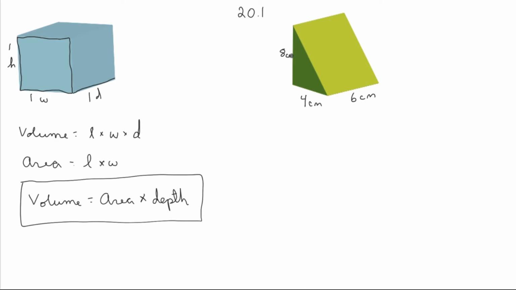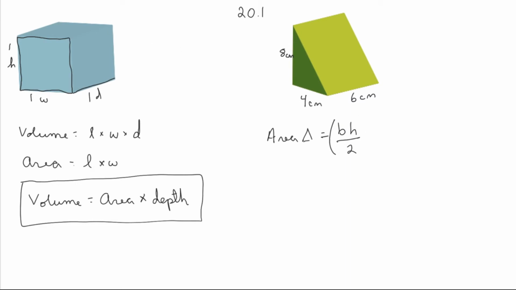Let me put the cm here. All right, so in order to get the area of a triangle, we know that the area of a triangle equals the base times the height divided by 2, right? All right, so we're going to take the base times the height divided by 2, and then we're going to multiply that.